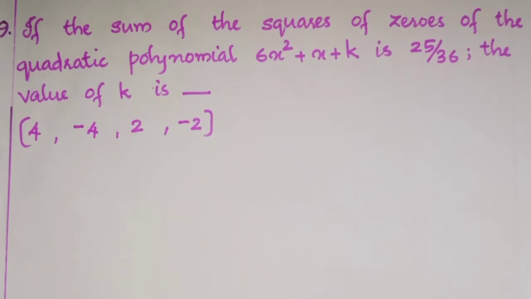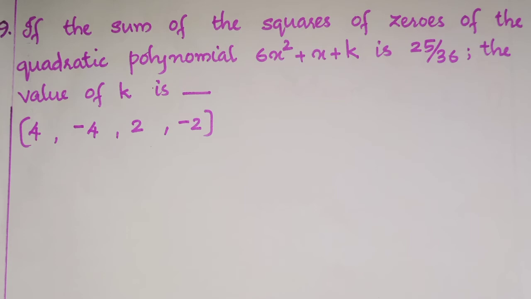Ninth question. It is a very important question. If the sum of the squares of zeros of the quadratic polynomial 6x square plus x plus k is 25 by 36, then the value of k.